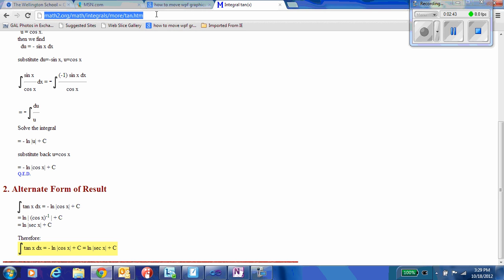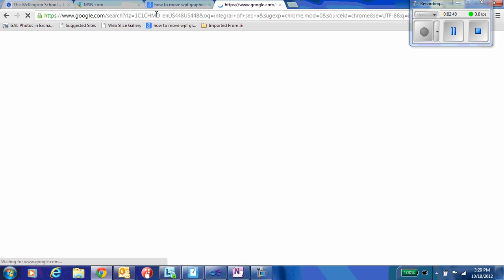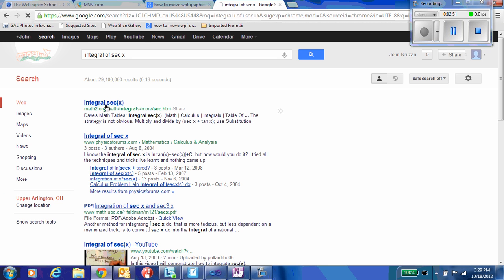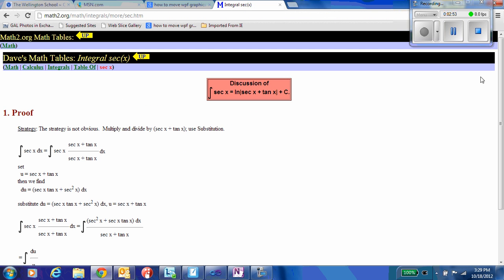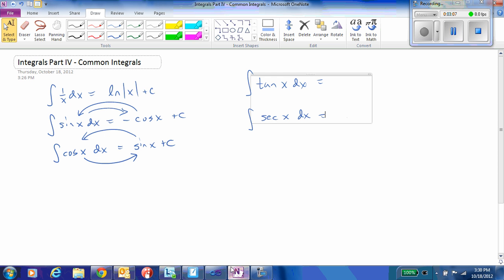Okay, let's look up the integral of secant of x. And here again, you can see that they do it for you, and you get an answer that it's the natural logarithm of secant x plus tangent x. So it's important that you realize that a variety of integrals are available to you as already solved, already online.